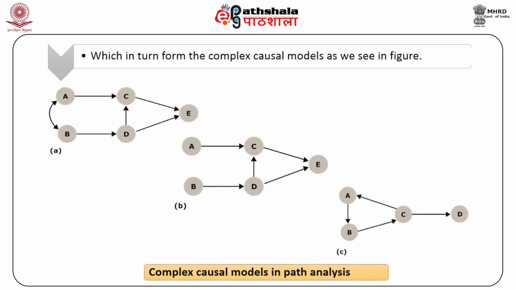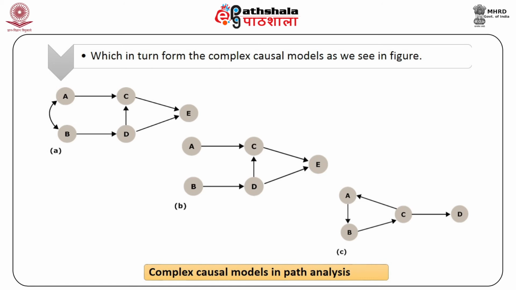Have a look at the variables as they relate in figure A. The first two variables A and B are called exogenous variables. They do not share any causal path; see, there is no straight arrowed line between them. The variables C, D and E are endogenous variables as they are connected by causal paths.